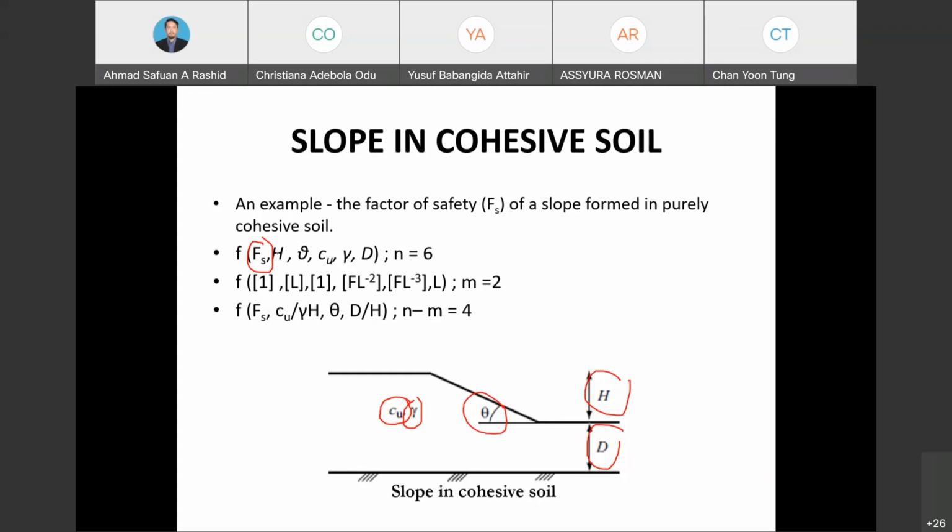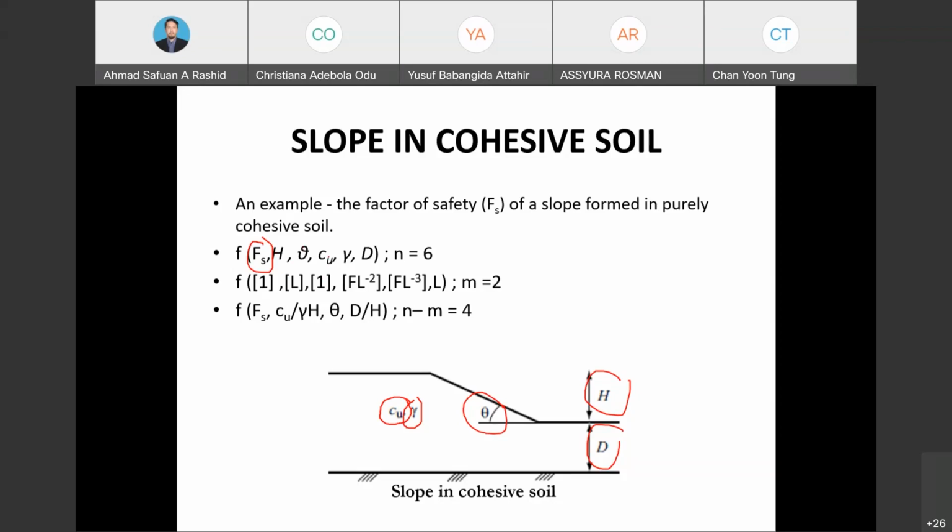Then we have H, which is geometry, so we consider it as L, while theta doesn't have any units because it is an angle, so we consider it as 1. Cu is the strength, so it is related to kilopascal.